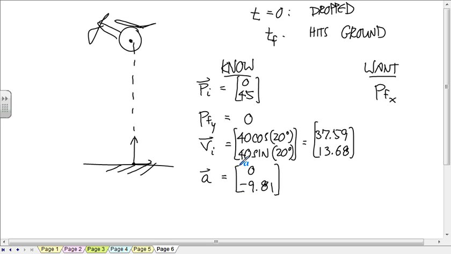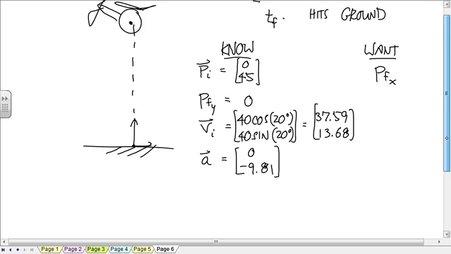And we don't know time final. Is there an equation we can use with these values? No, because we don't know the, well, so that's sort of an interesting one.